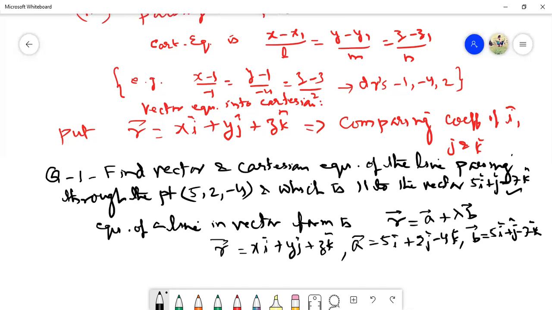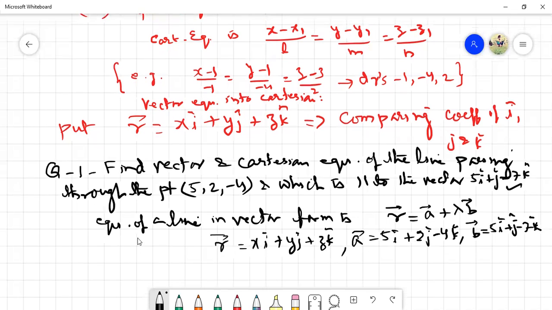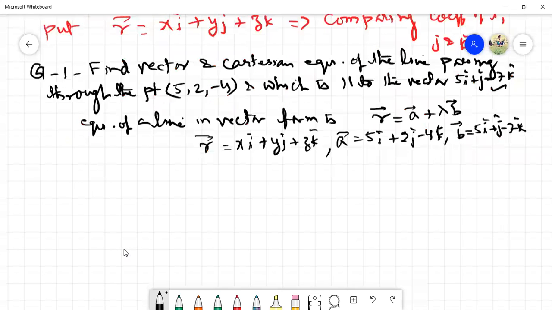Now we can substitute the values. First we will get the vector form, then we will convert it into Cartesian form.